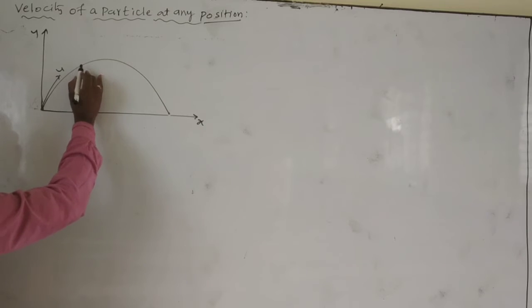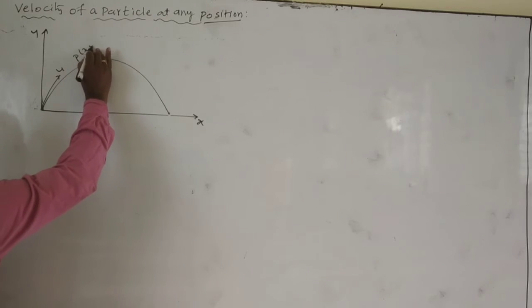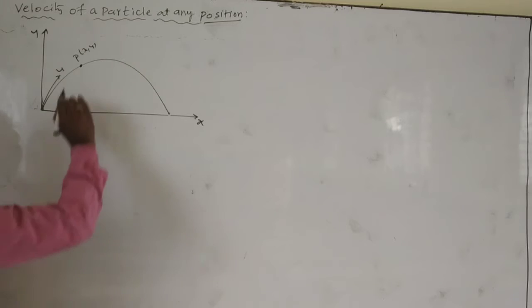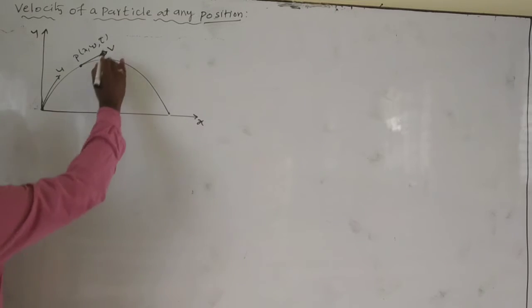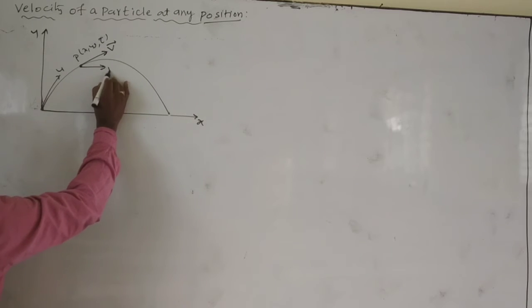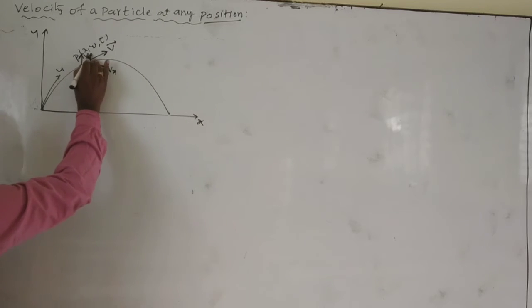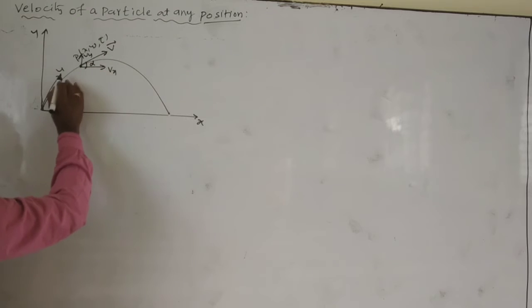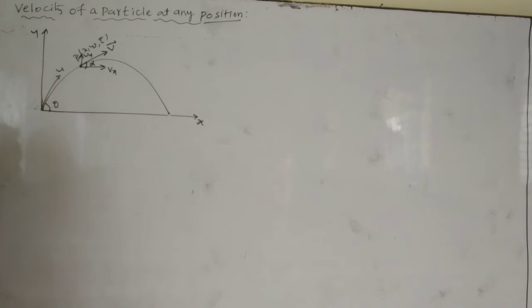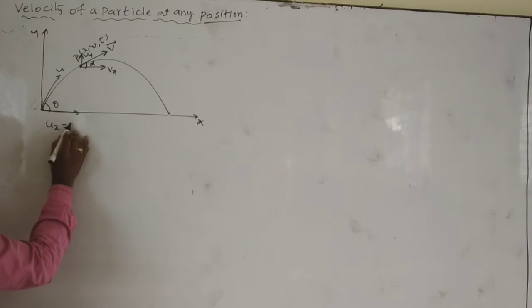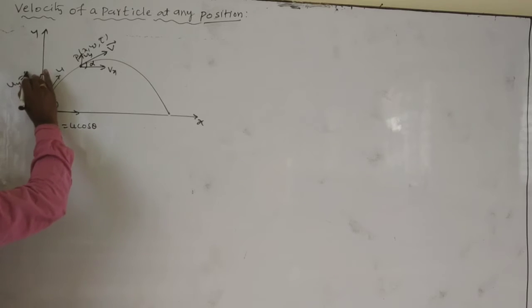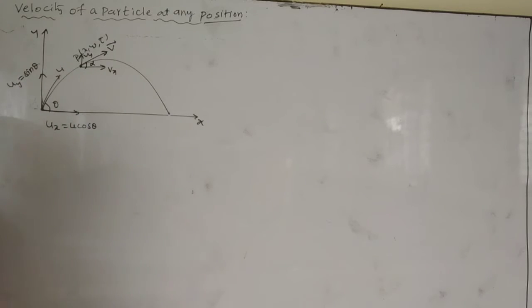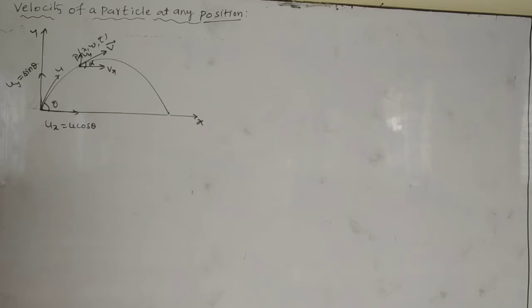The particle is at point P of x comma y. This is the velocity after time t, velocity v bar, with horizontal component vx and vertical component vy. This makes an angle alpha. Initially ux equal to u cos theta and uy equal to u sin theta.